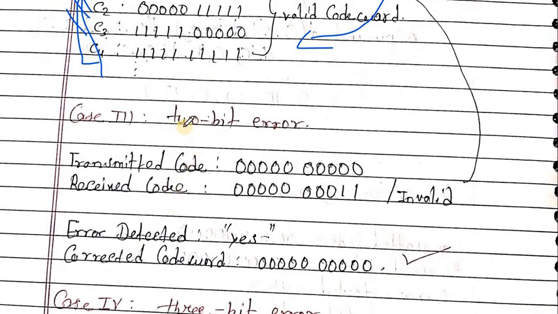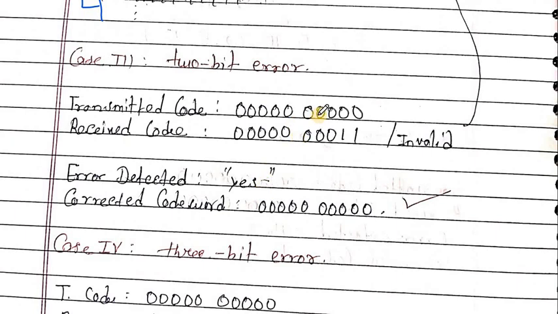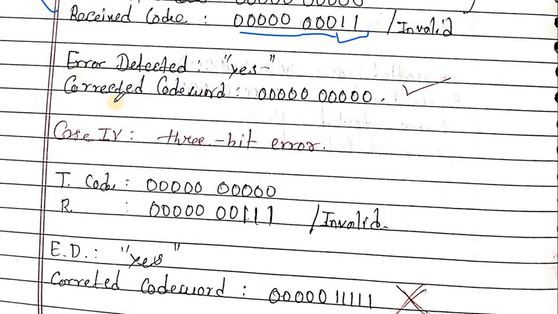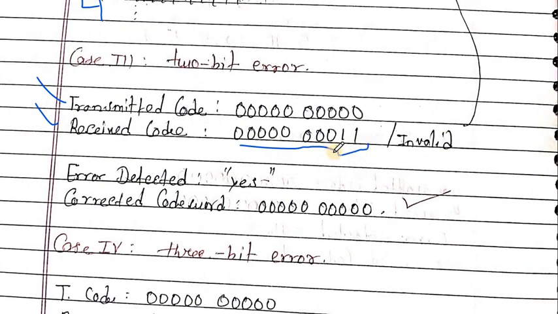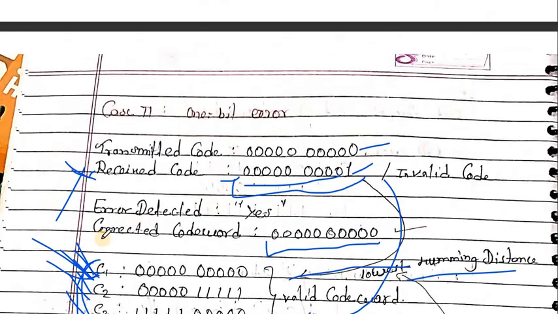Another, second case: 2-bit error. When there is a 2-bit error, this is the transmitted code and this is the code received by the receiver. Here there is a 2-bit error, so the error is detected by the receiver. Now the receiver will find the minimum Hamming distance between this string and the 4 valid code words.